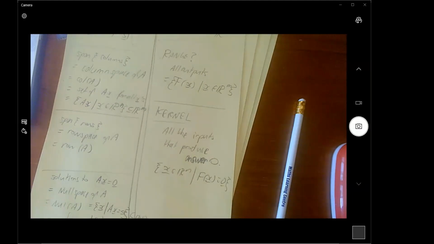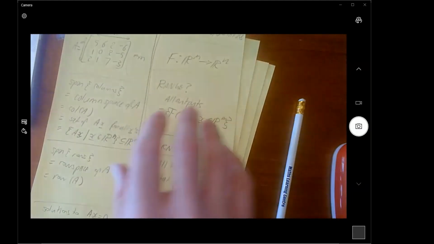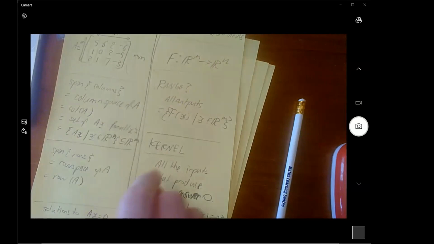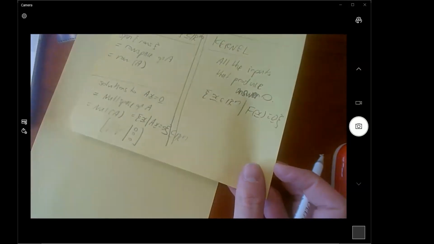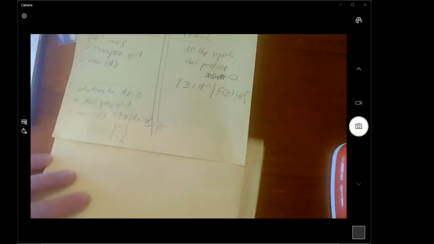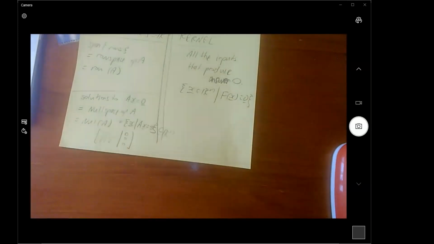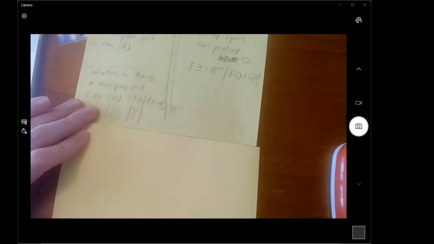Okay, and here's the magic trick. Because the linear transformation can be thought of as having a matrix, we can create the linear transformation as a matrix instead.